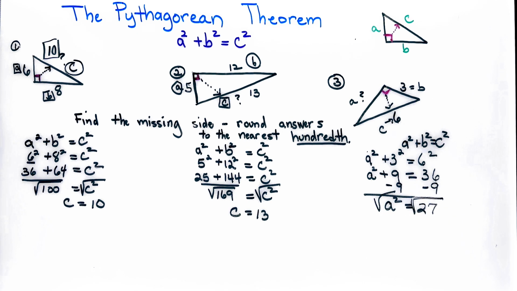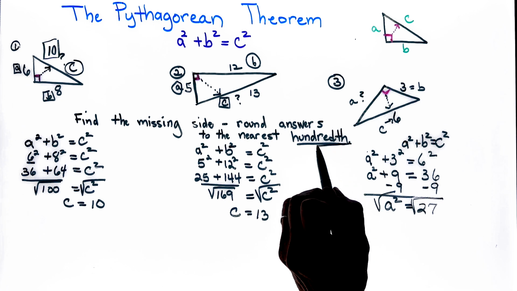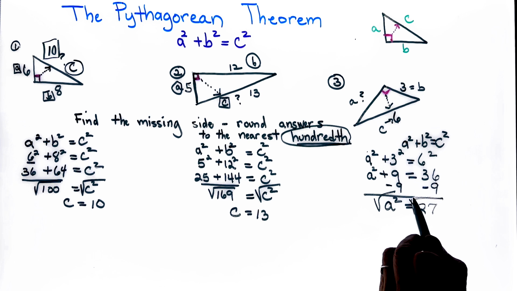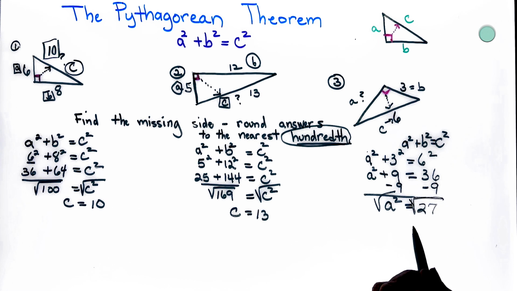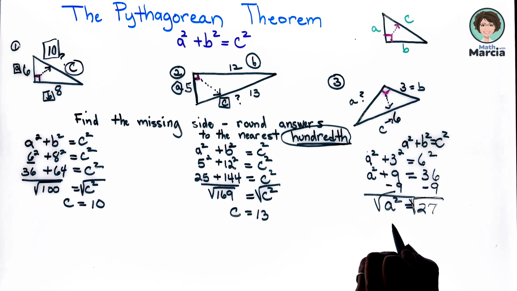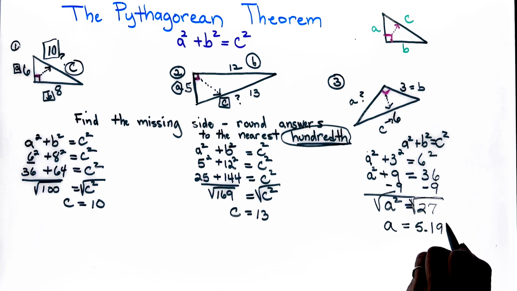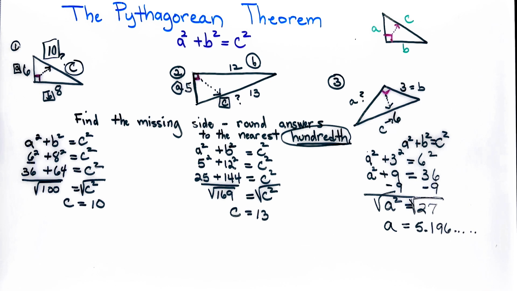For this problem, finally, we're going to be looking at how to round to the nearest hundredth. If you use your calculator and put in the square root of 27, you get an answer where A is going to be equal to 5.196, and the numbers continue.